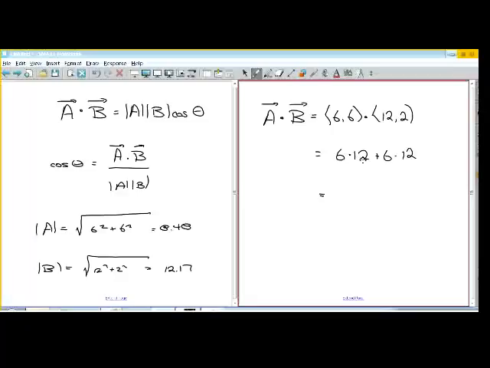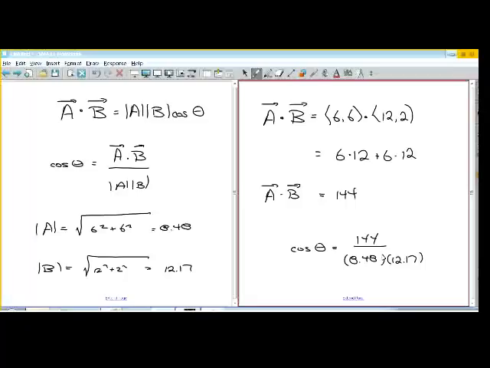A vector dotted with a vector gives us a scalar, which is just a number. So this will become 6 times 12, which is this times that, plus the second group, which is 6 times 12. So that's 72 plus 72 is 144. So the scalar associated with the dot product is that.